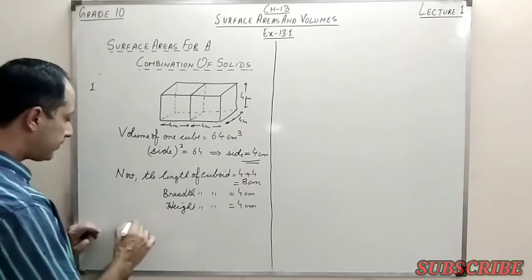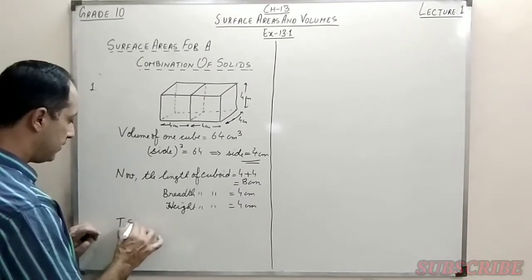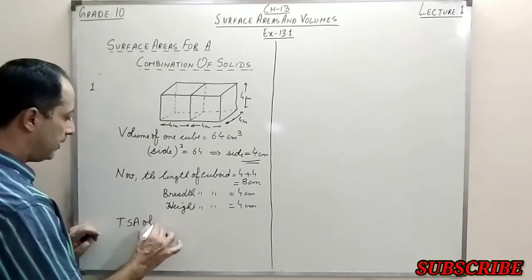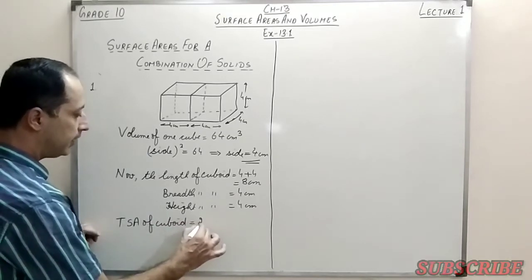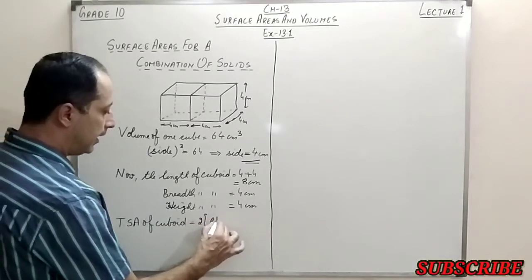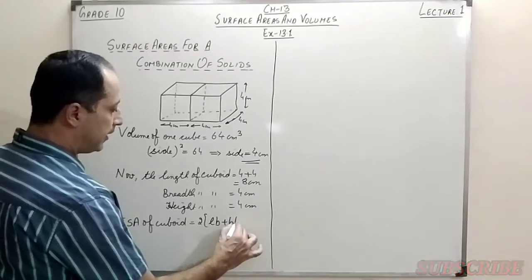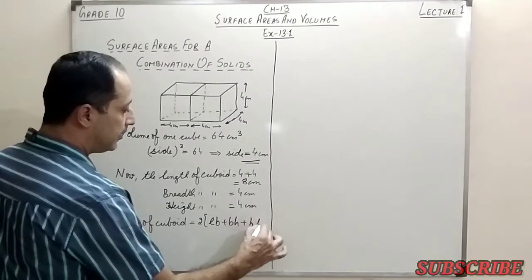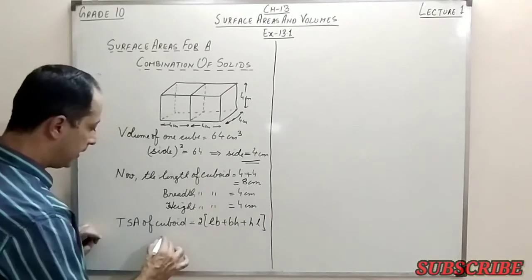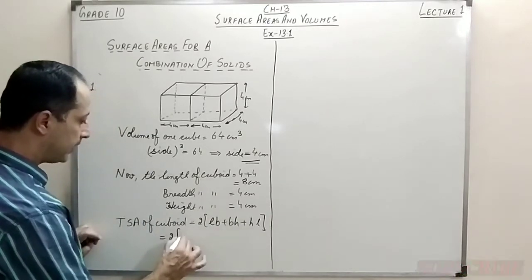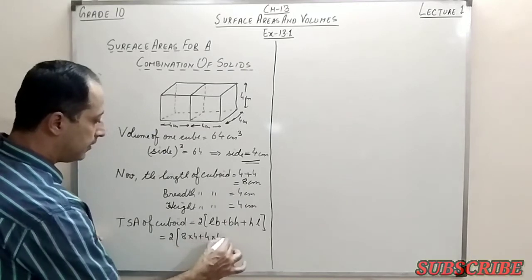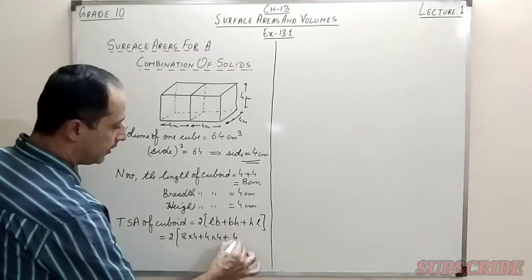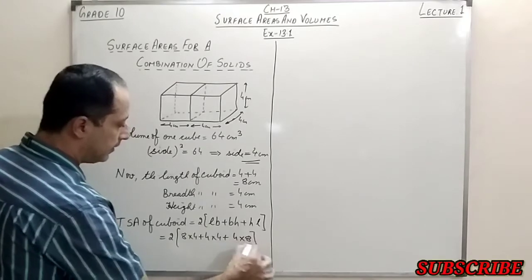So, here, the total surface area of the cuboid, and we have the formula 2 into length into breadth plus breadth into height plus height into length. We just find it out. This is 2 times 8 into 4 plus 4 into 4 plus 4 into 8.